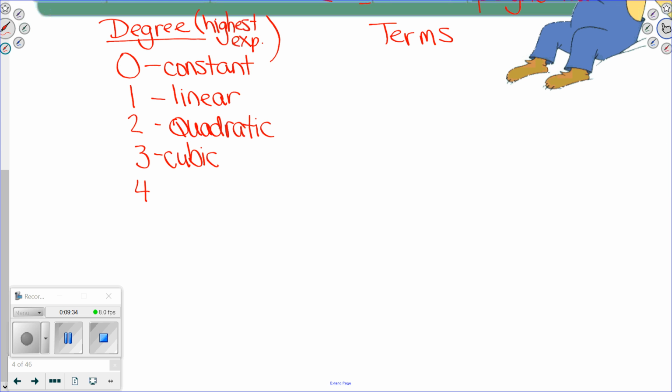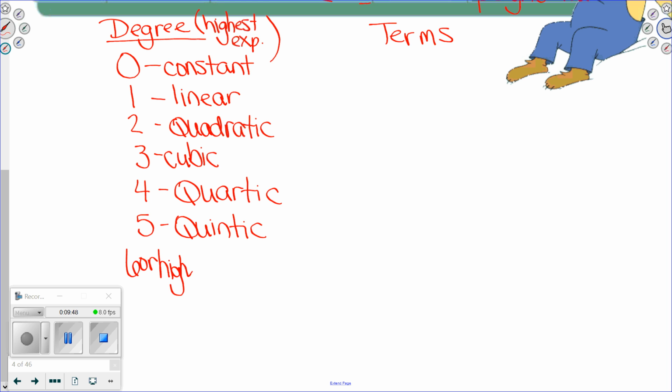Degree of 4, quartic. Degree of 5, quintic. And then 6 or higher, just give me the number. So like 6th degree, 7th degree, 8th degree. So you are required to know up through 5.